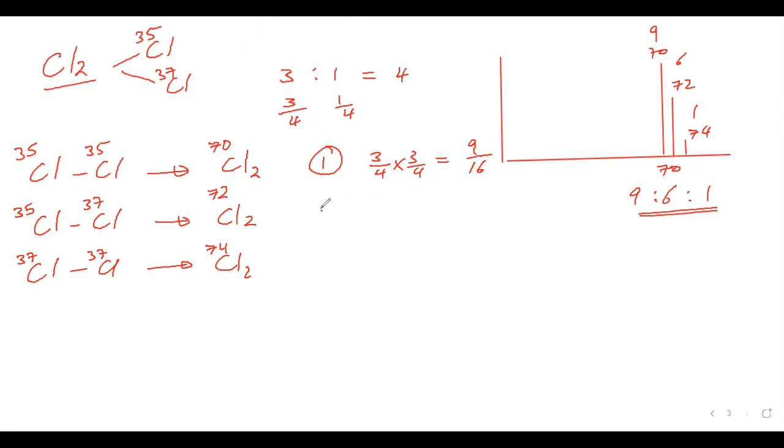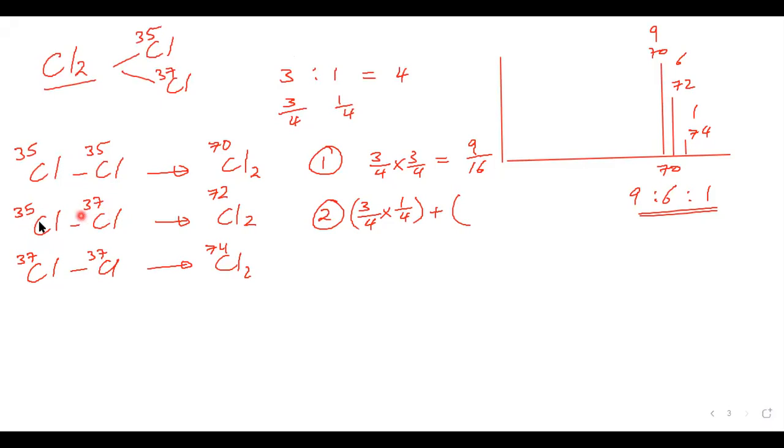In the second case, we have the first chlorine 35, so the probability of its formation is 3 over 4, and the second is chlorine 37, 1 over 4. But we also have another probability, that the first one is 37 and the second is 35.